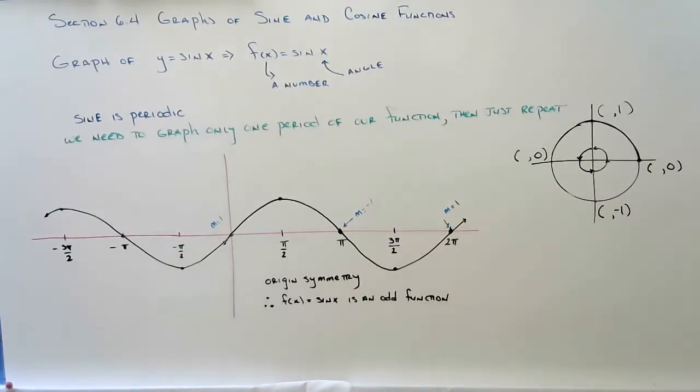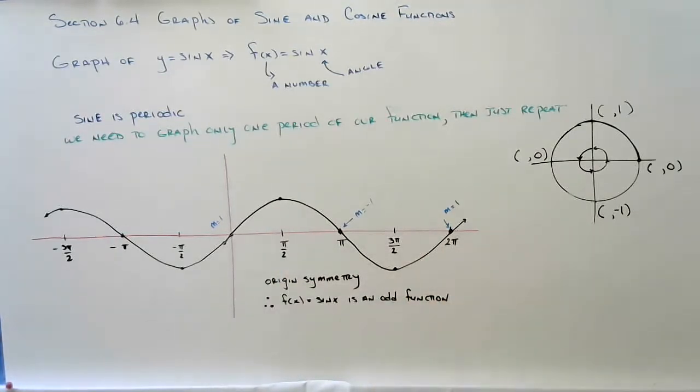This is what we have to draw. On the test, we have to draw a graph that has one complete period. Anything less than that is going to be considered incorrect. We have to label our maximum, our minimum, and our x-intercepts.